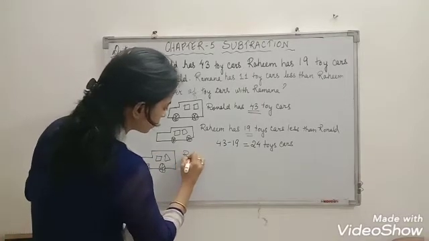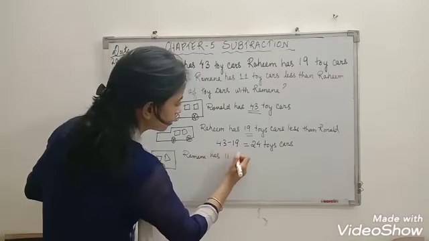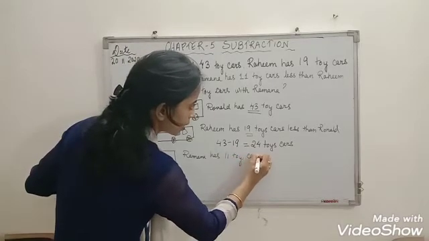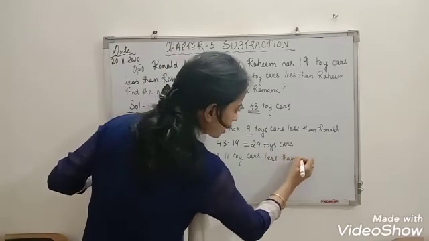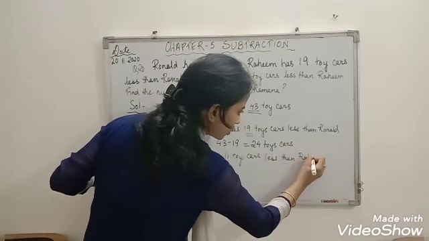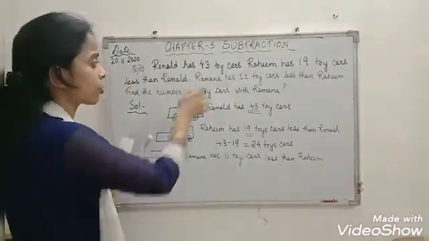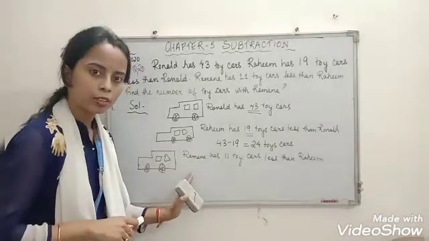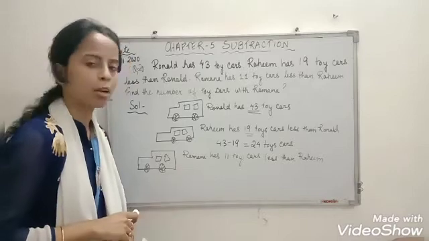Ramana has 11 toy cars less than Rahim. So what we have to find out? Find the number of toy cars with Ramana. So now we have to find out what? How many toy cars are with Ramana?